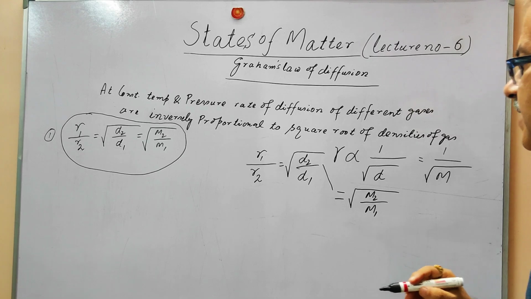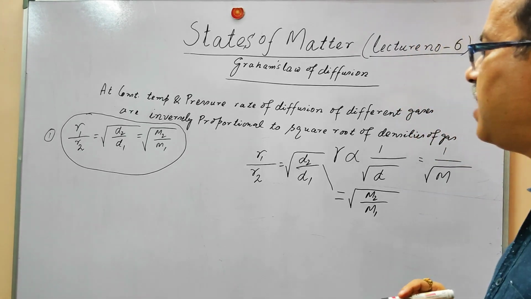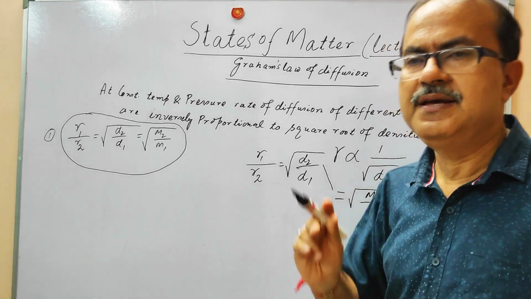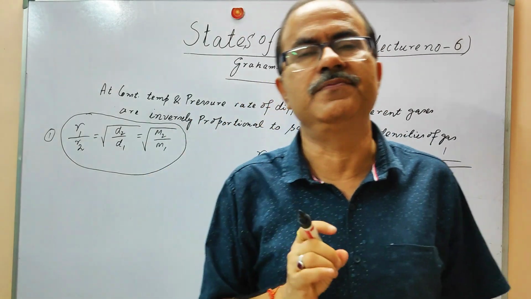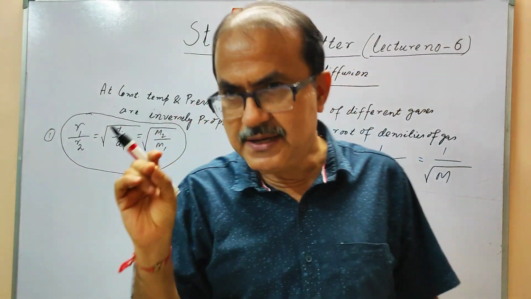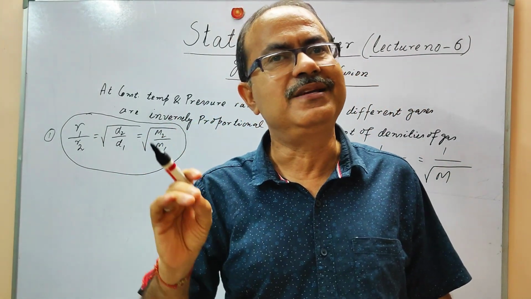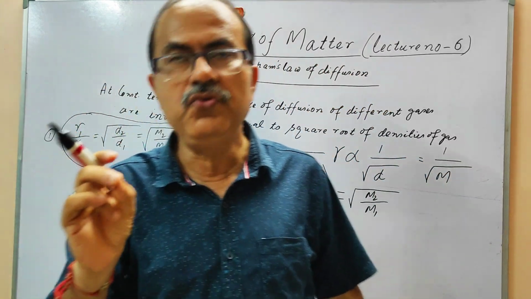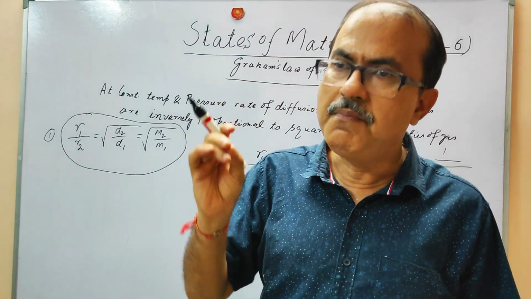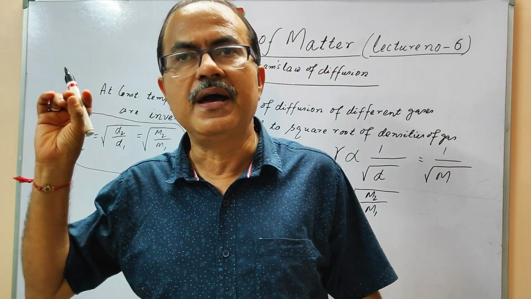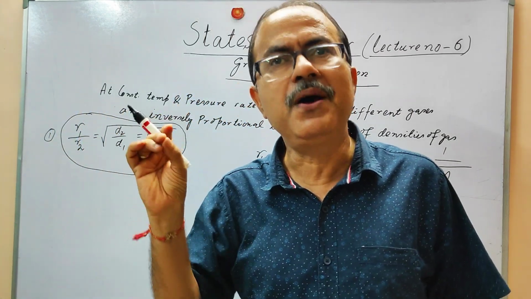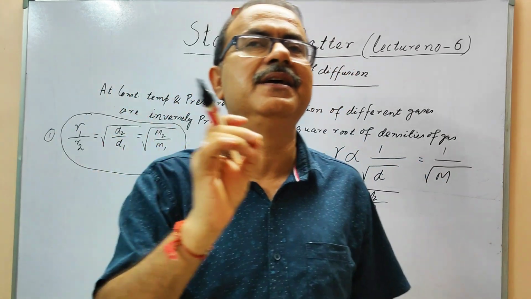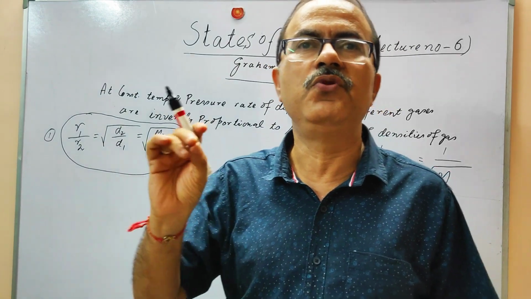Now you will understand the second one. Suppose the gas is diffusing at constant temperature but with a different pressure. Then what is going to happen? Higher will be the pressure, then the number of molecules which will hit the container surface will be higher.